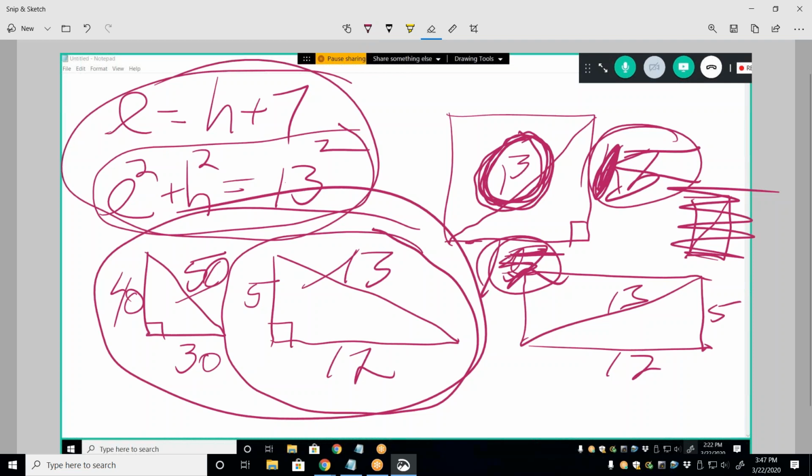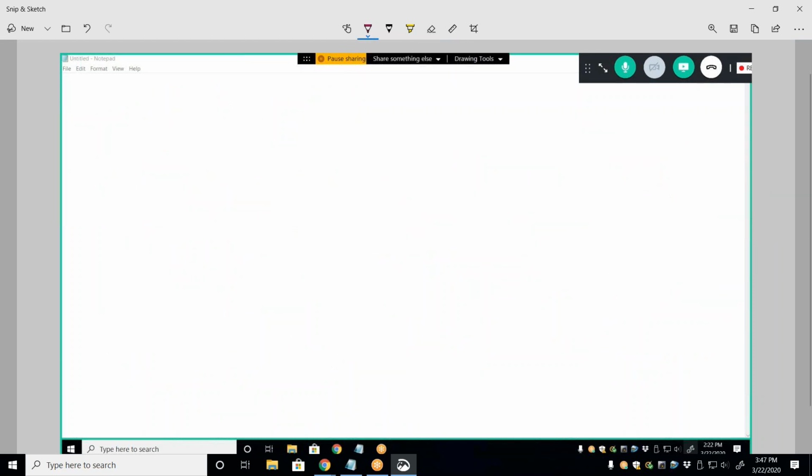So for this next question, it's expressed in terms of i. Okay. So it's negative root negative 16. What's the first thing you always want to do when you have a square root sign with a negative number in it? There's also a negative in front of the root sign.